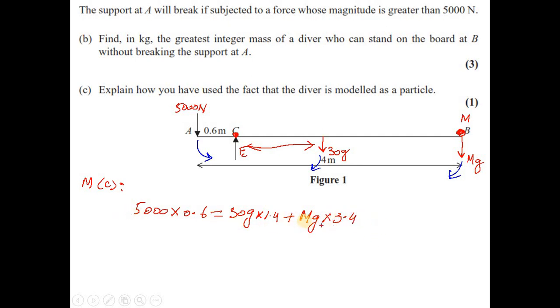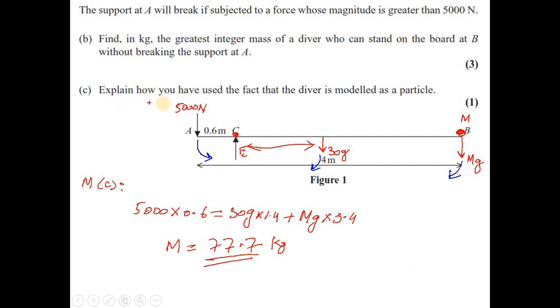Clearly there is only one unknown left, which is m. You can solve this equation for m after multiplying and addition. So you have m is equal to 77.7 kg.